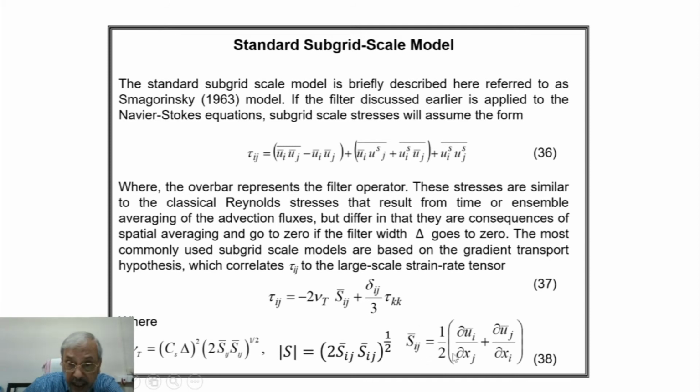From there we get Sij, and Sij into Sij to the power half is basically the mod value multiplied by 2, of course, that is mod S. So nu t is basically given by Cs delta square into mod S. That is nu t, and then that is multiplied by the strain rate tensor, which is given by this.